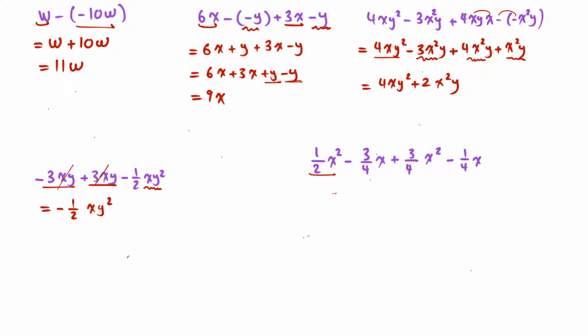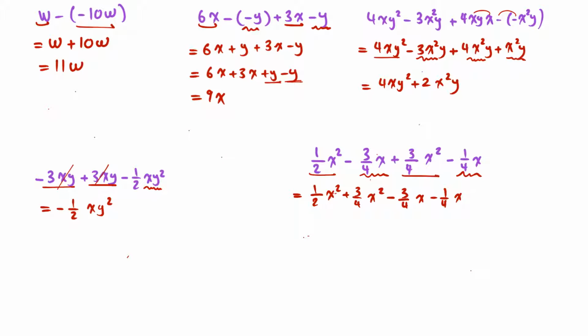I have these two with variable x squared, and these two as variables x. So to write this down, I will have 1/2 x squared plus 3/4 x squared minus 3/4 x minus 1/4 x.